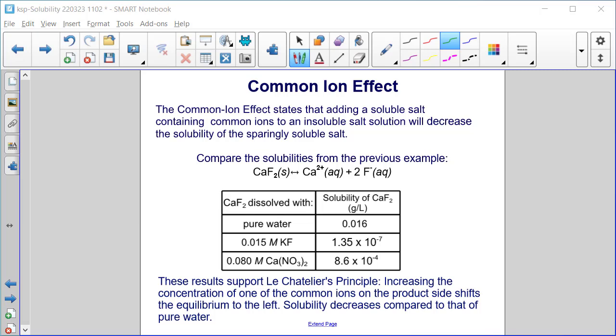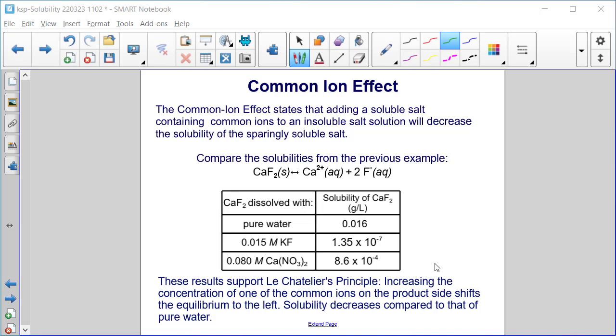Compare the solubilities from the previous example. In pure water, the solubility of the calcium fluoride was 0.016 grams per liter. In a 0.015 molar solution of potassium fluoride, it was 1.35 times 10 to the minus 7 grams per liter, and in a 0.080 molar calcium nitrate solution, it was 8.6 times 10 to the minus 4 grams per liter.